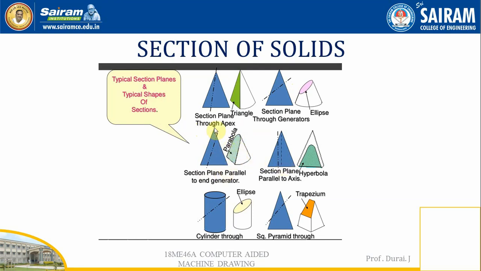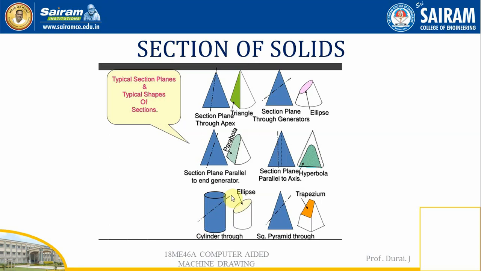These slant edges we can call end generators. If it is cut parallel to the axis somewhere else, you can get a hyperbola. This is a cylinder: cut exactly in the middle, we get a straight line, and here also a straight line, so we get a triangular surface.